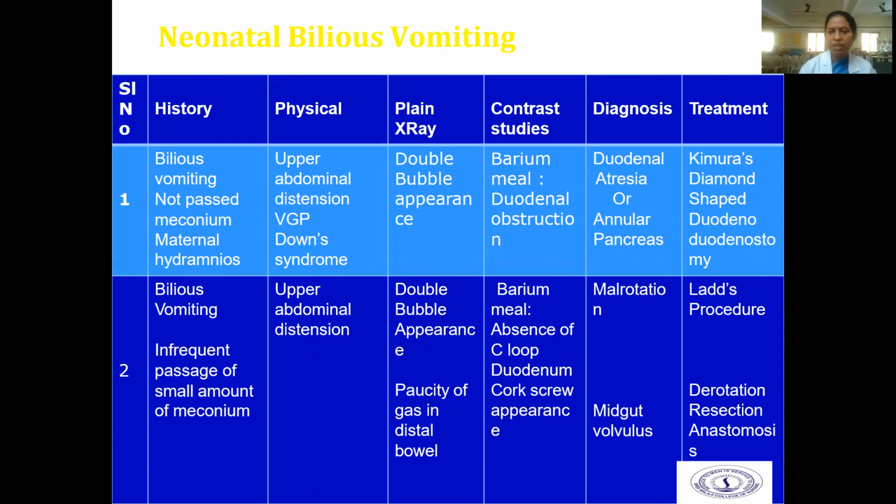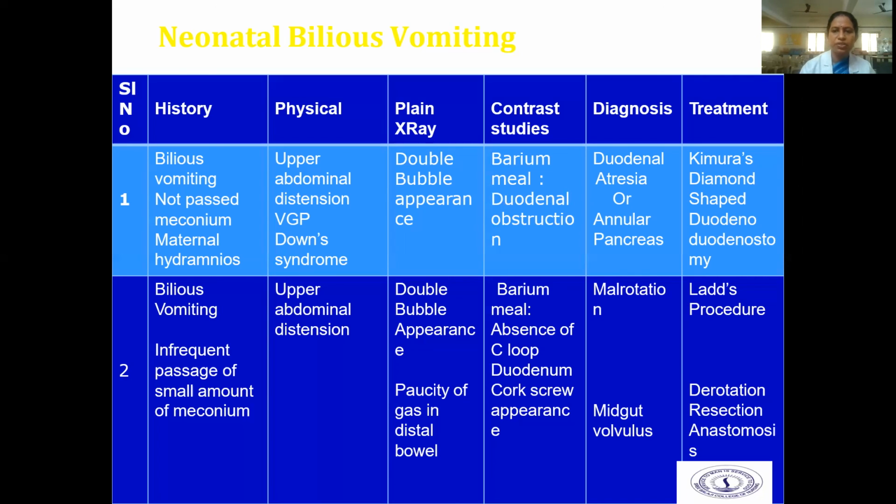When the barium meal study shows absence of C loop and duodenum corkscrew appearance, it indicates malrotation and midgut volvulus. When there is duodenal corkscrew appearance, we can anticipate midgut volvulus. And the treatment will be the Ladd's procedure. We are releasing the Ladd's band, that is Ladd's procedure.